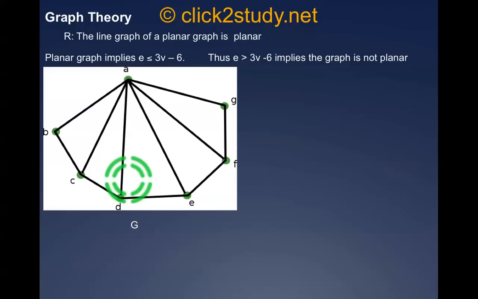So I had to spend some time coming up with this sort of planar graph to show you that its line graph is not planar. It's not obvious that you will come up with this the first time.